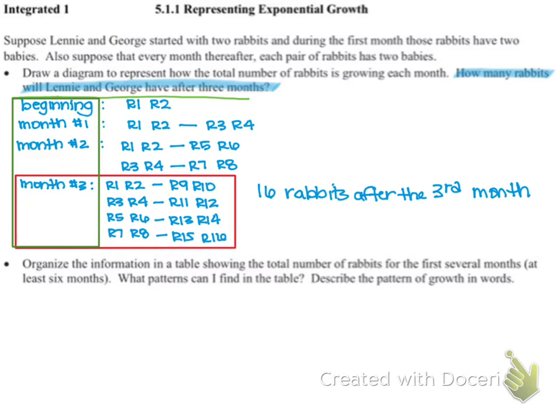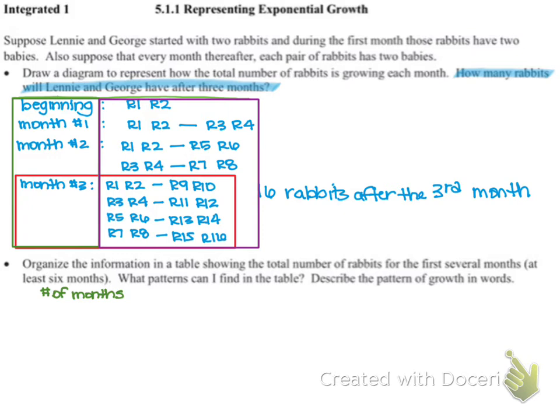Okay, so let's organize our table here. So I think this was number of months. All right, let's go back up there. And it looks like the right-hand side represented the number of rabbits that I had. So the total number of rabbits at the end of that month, or after that month had elapsed.